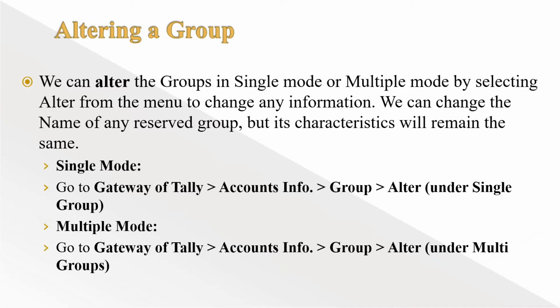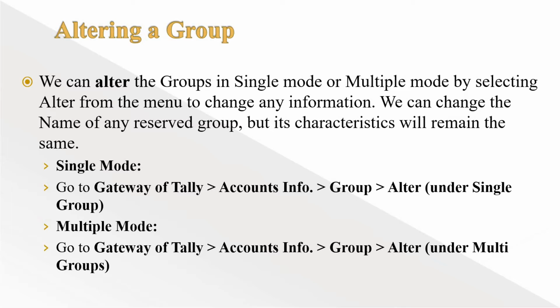Before I proceed to the next slide, I would like to add one more point. We cannot change the parent of a group for bank, bank OCC, cash, sundry debtors or sundry creditors, and purchase account after voucher entry for them. What does this indicate? Think that we have created a ledger and that ledger is allocated to one of the 28 predefined groups, and that ledger is used in a voucher and is already recorded.